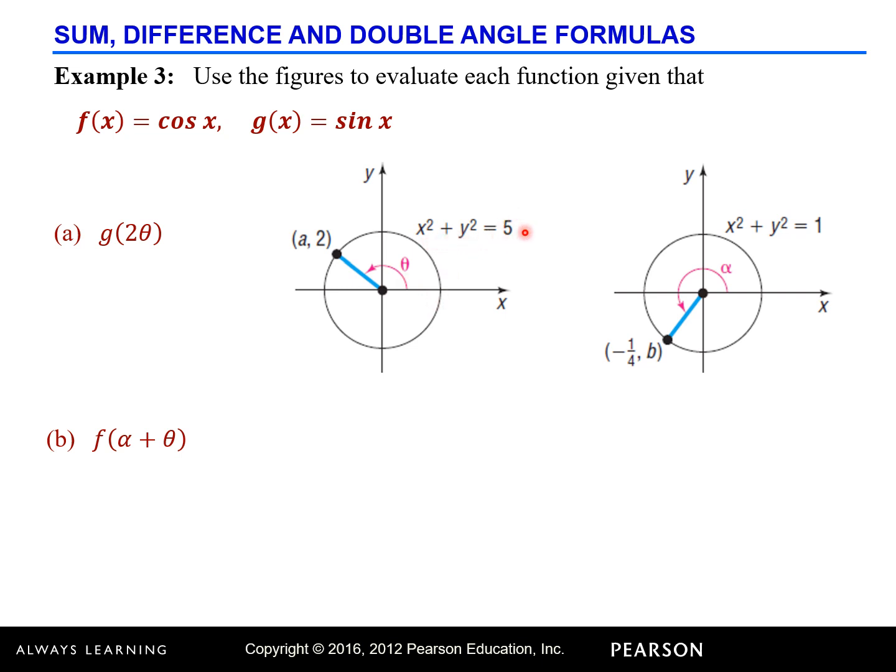Take note that 5 is r squared. The point on the terminal side of this angle theta is a comma 2. So this point is x, y. Then for alpha, this circle is with equation x squared plus y squared equal to r squared, so r squared is equal to 1. The point on the terminal side of alpha is negative 1 fourth comma b.